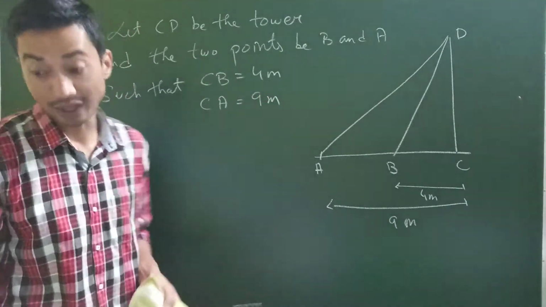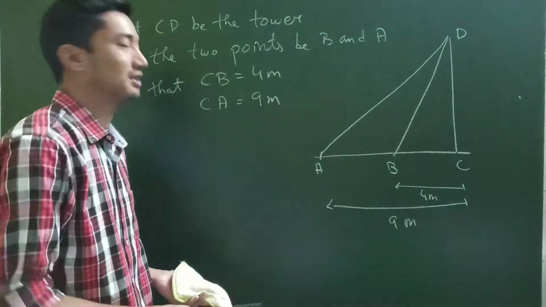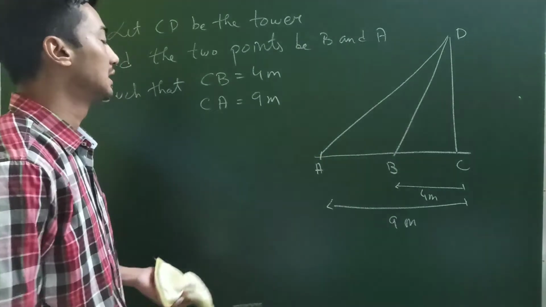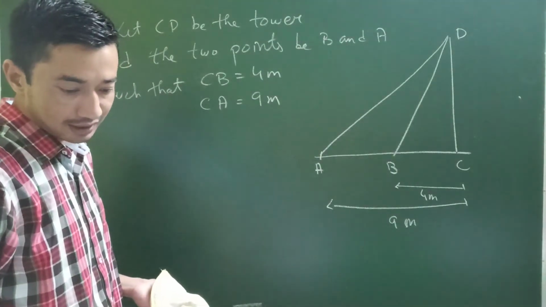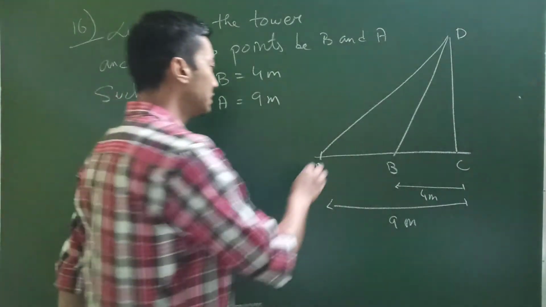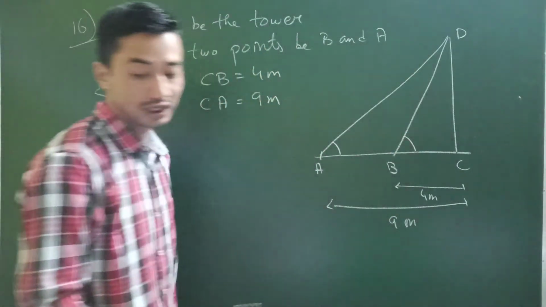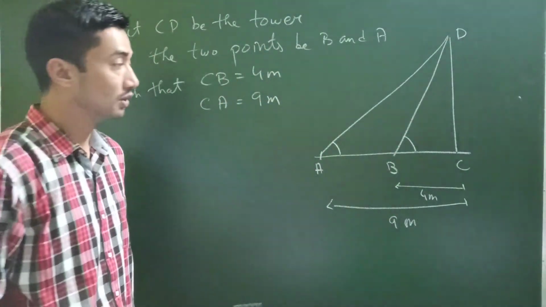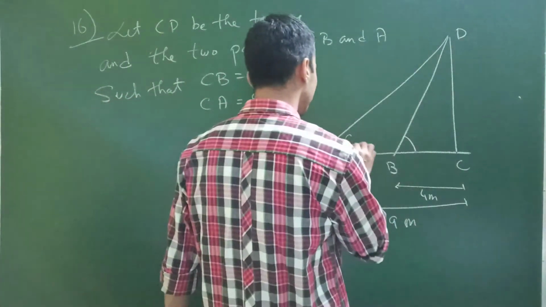Let's keep track of the direction also, because these things are sometimes important for us. It is given that the points are in the same straight line with it, and the angles are complementary. That means these two angles of elevation are complementary to each other. But how much is it? It is not given. So we will have to assume, let this be theta.